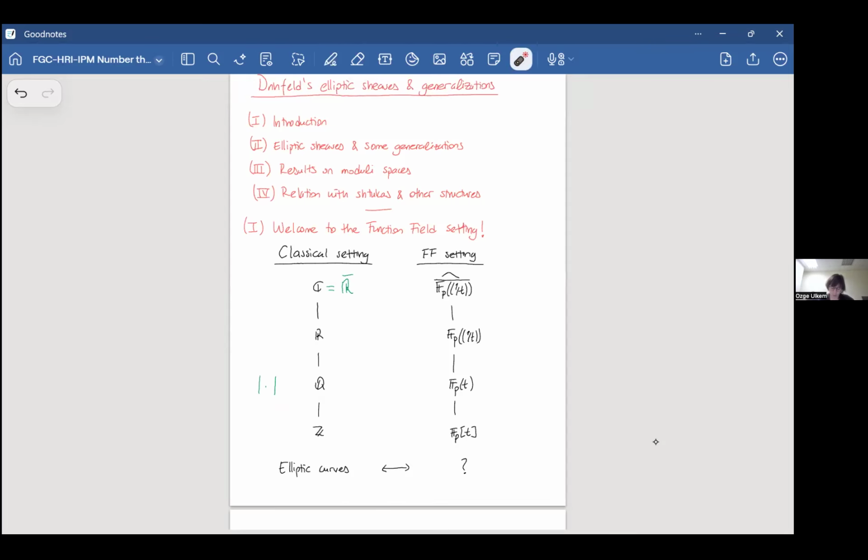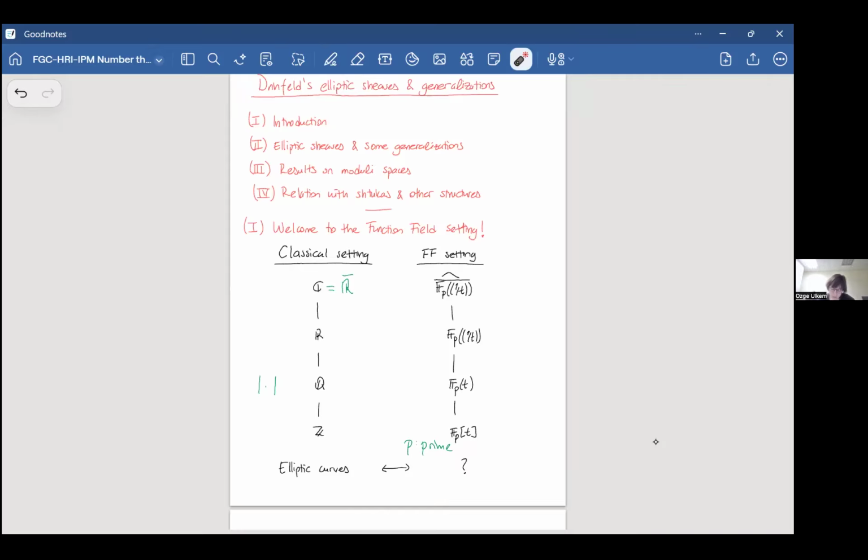But instead of Z, we start with F_p[t], the polynomial ring in the variable t over F_p, where p is a prime. For now, I'll just state everything in the most basic setting, then we'll generalize.